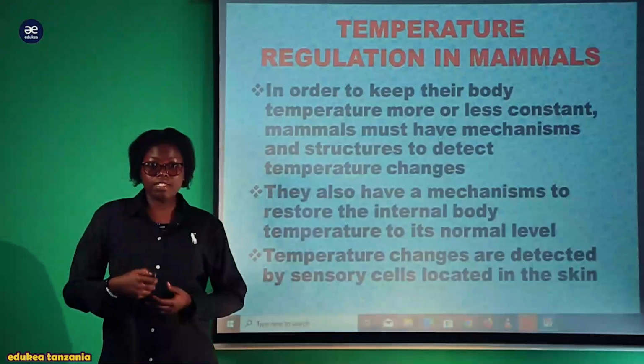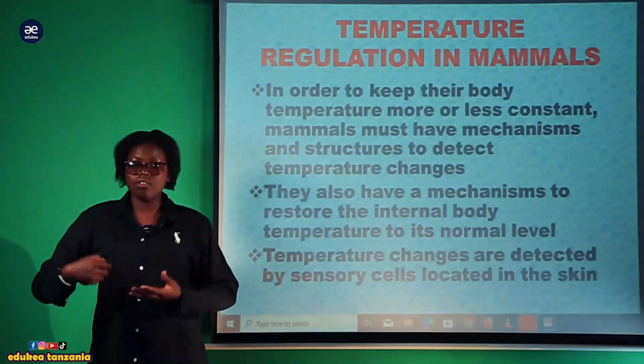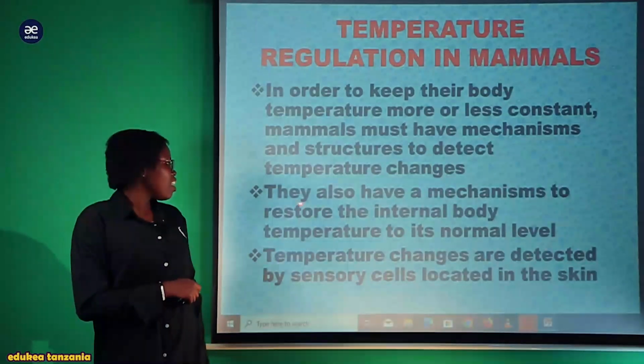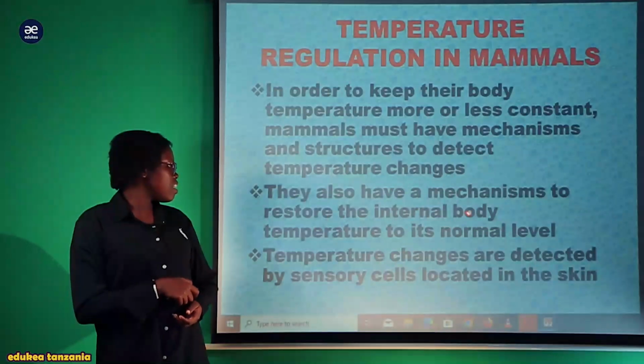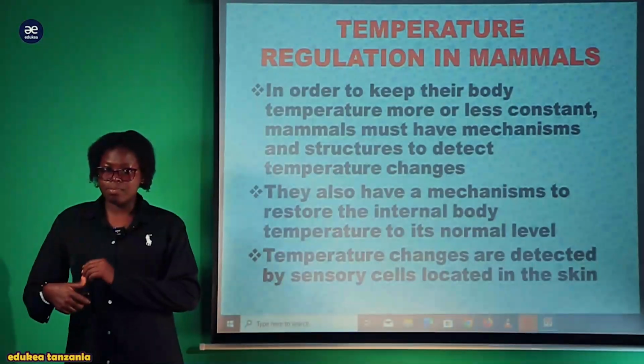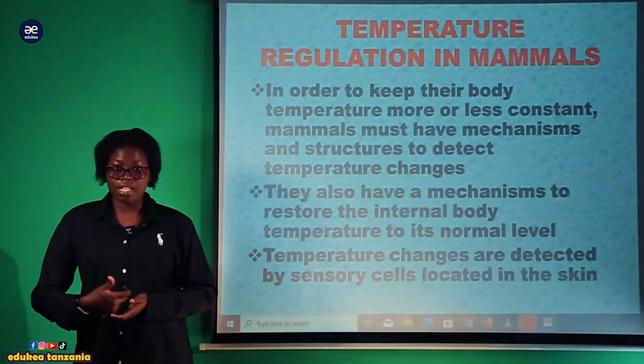So they have the mechanism to keep their body temperature despite the increase or decrease in the external temperature. They also have mechanisms to restore the internal temperature to its normal level to ensure that the different metabolic activities of the body proceed as usual.